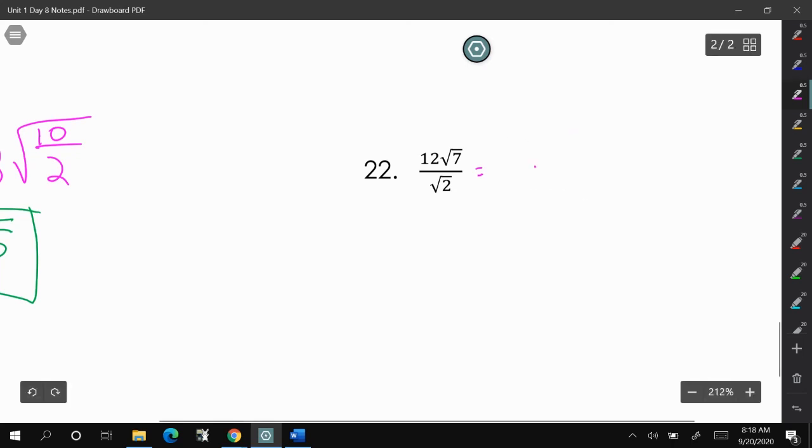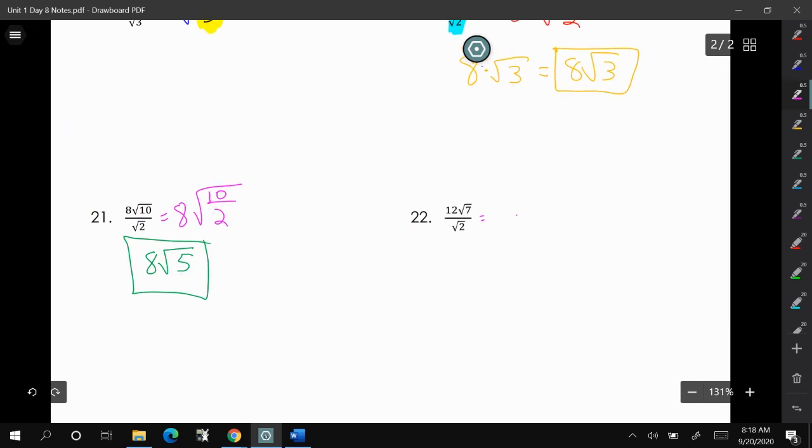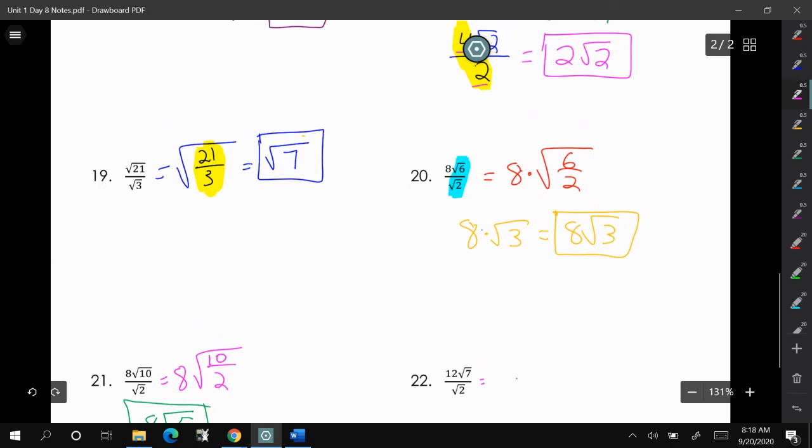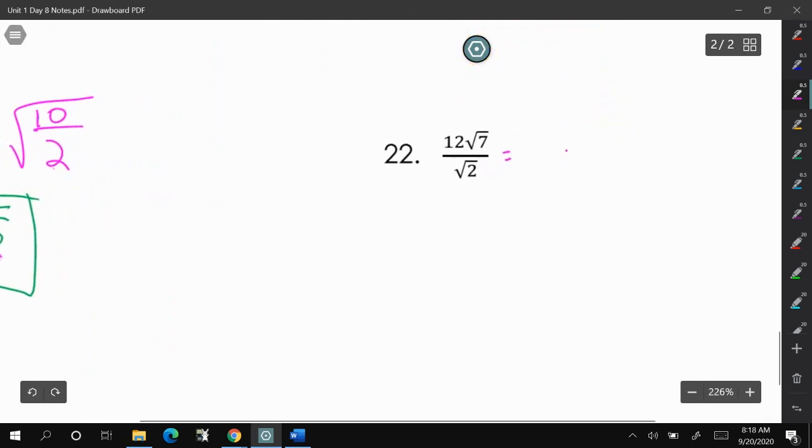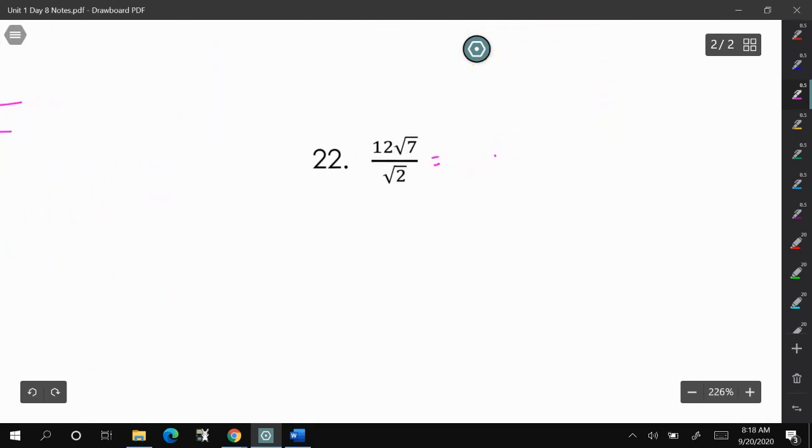So the other examples, we didn't have to rationalize because when we did 10 divided by 2, we got 5. When we did 6 divided by 2, we got 3. 21 divided by 3, we got 7. 7 divided by 2 would not give us a whole number, so we need to multiply the top and bottom by the denominator, which is the square root of 2.